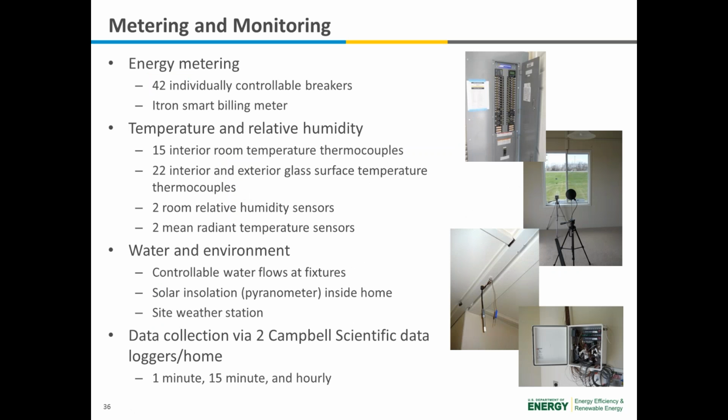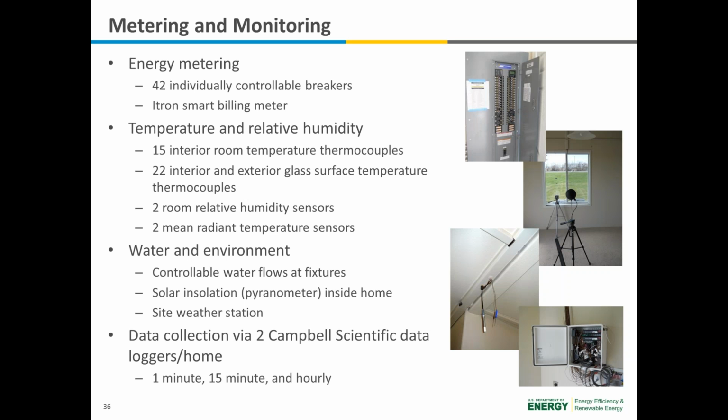So 15 interior temperature thermocouples. Those are all the ambient temperature thermocouples that give us a dynamic flow of heat through the space. 22 interior and exterior glass surface temperature thermocouples. This is actually going to be increased based on some of the studies that we've done here, just so we can make sure we understand the temperature on different surfaces of the primary window and the low-E window.